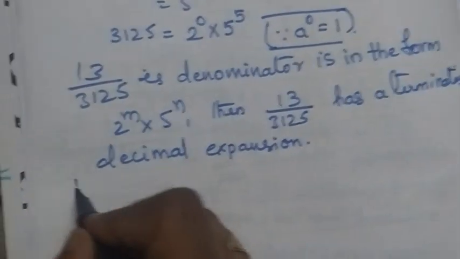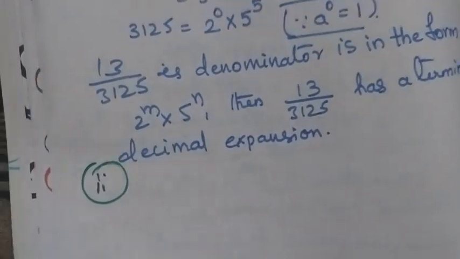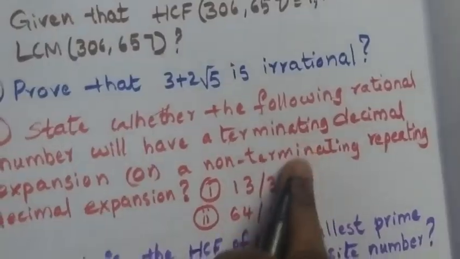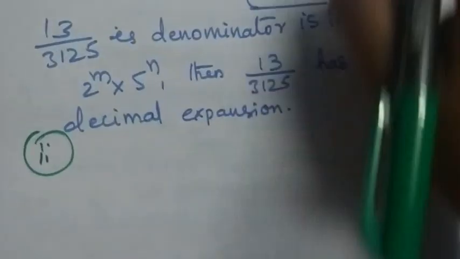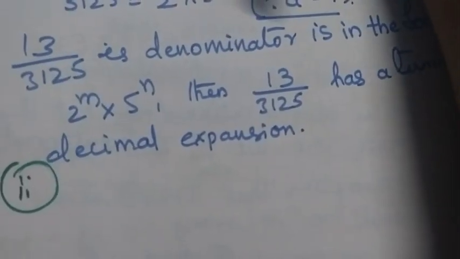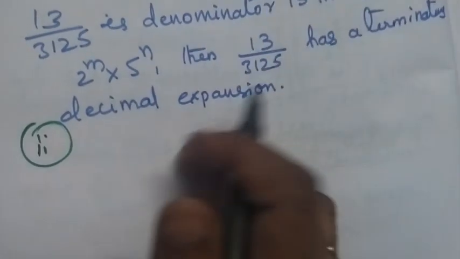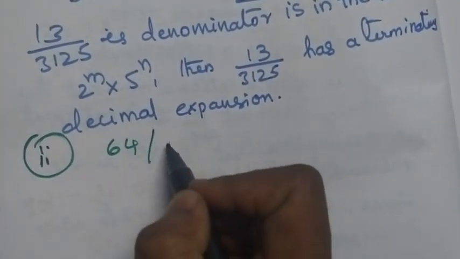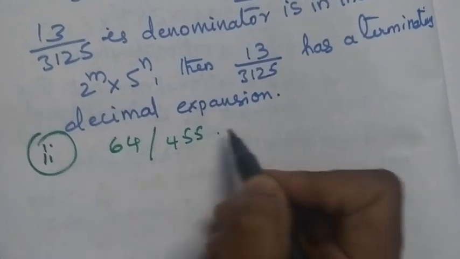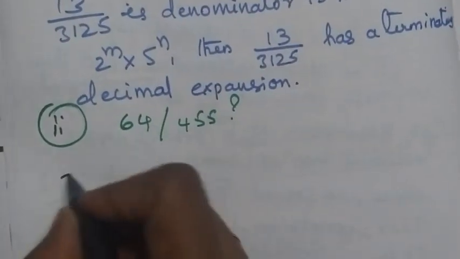Another I am going to show here. Next one, the second one, what is given is 64 by 455. How can we show whether this is terminating or non-terminating? See here, children, another one I am showing here.